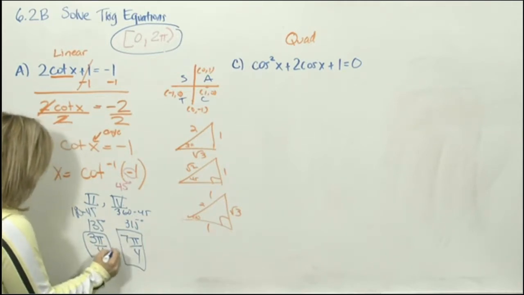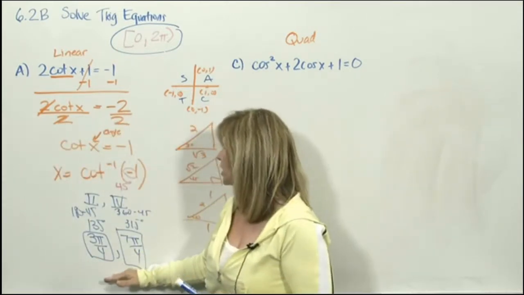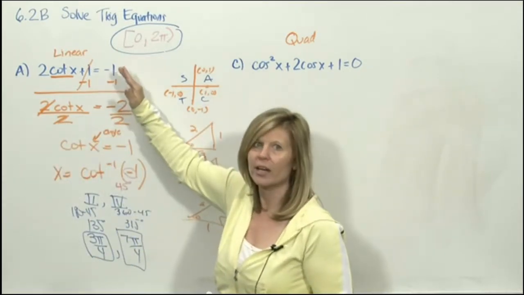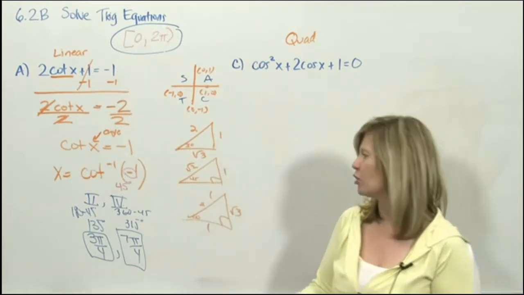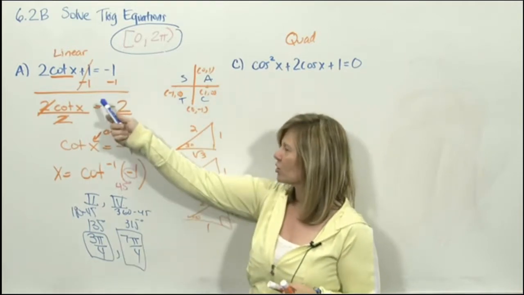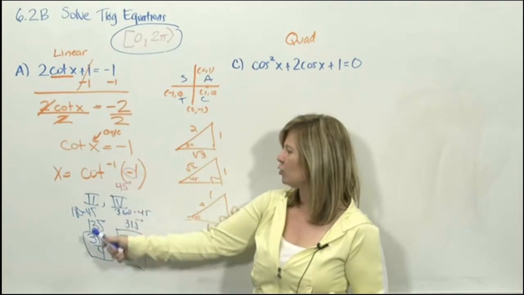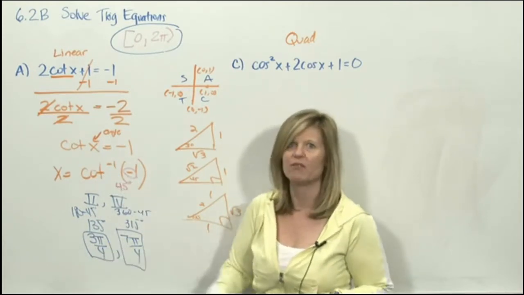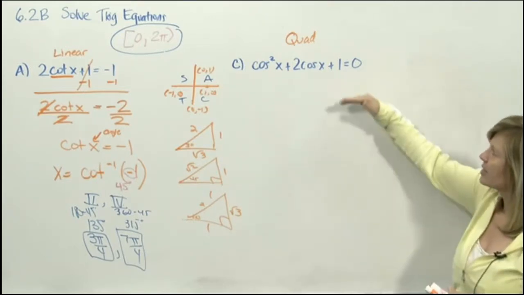So that other answer is 7 pi over 4. That is the answer. You have 2 answers here to this trig linear equation. Now, I know that's crazy because it's trig and it was linear, and you're thinking linear should have one answer, but no. Because it's trig, and a trig function can be negative in 2 different quadrants, you have to give both. Okay?